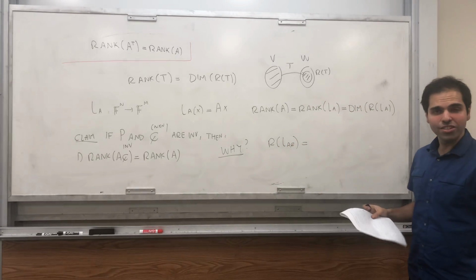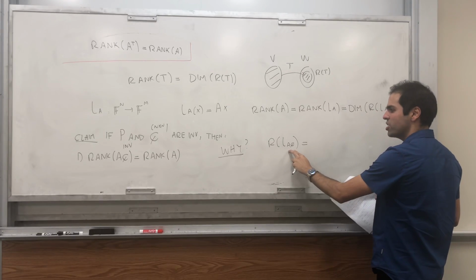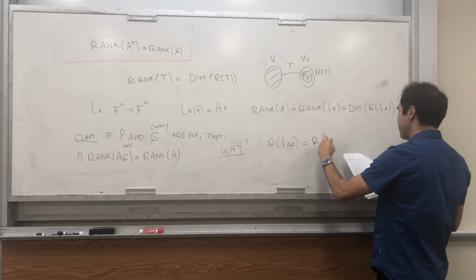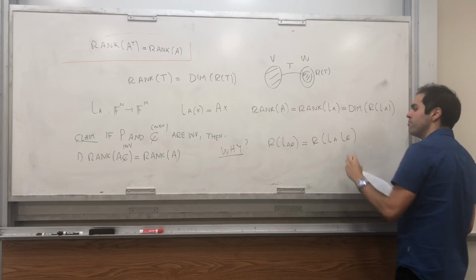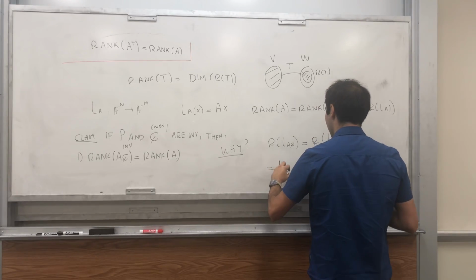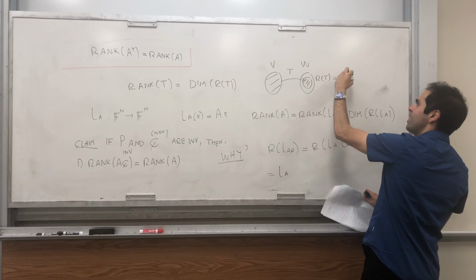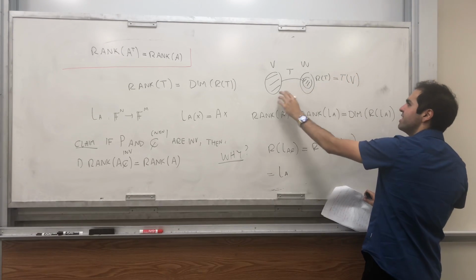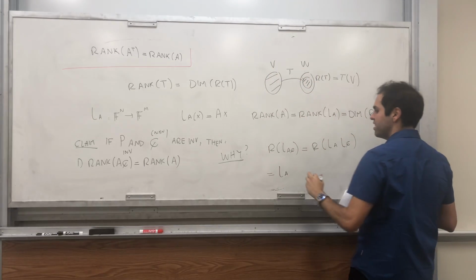Because by definition of matrix multiplication, left multiplication by AQ is the same thing as left multiplication by Q followed by left multiplication by A. And then, what is the range? It's really the same thing as saying the range of T is the same thing as T of V. It's simply T takes all of V and puts it in this range.